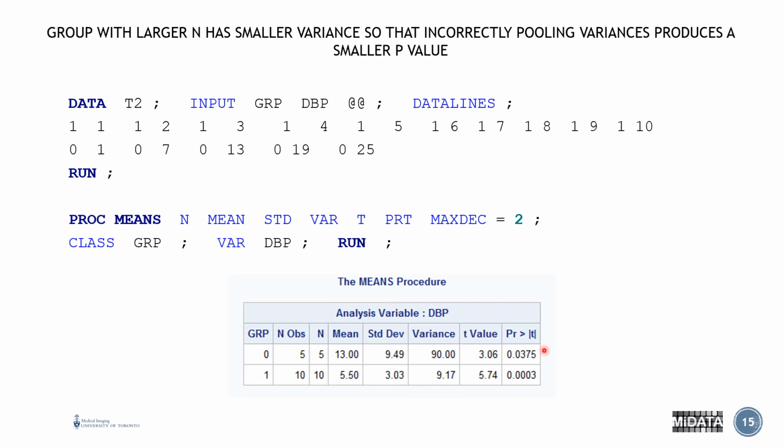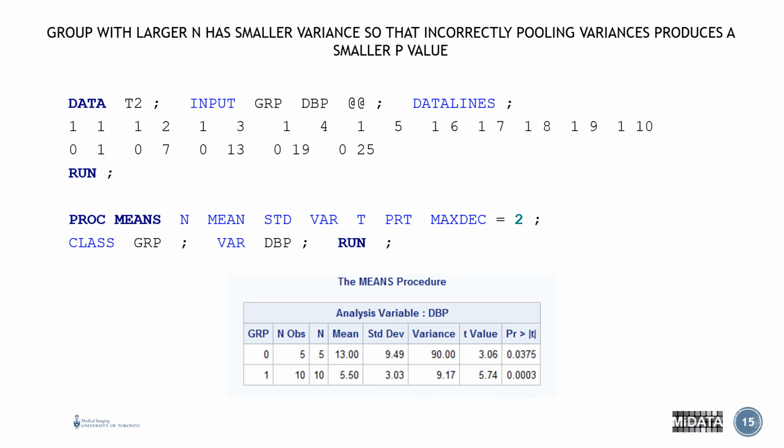Proc means, here are the results. The mean values are very different, so we expect a significant difference. The sample size is definitely twice as big, but this time the group with the larger sample size has the smaller variance, and that's a 10-fold difference in variance.